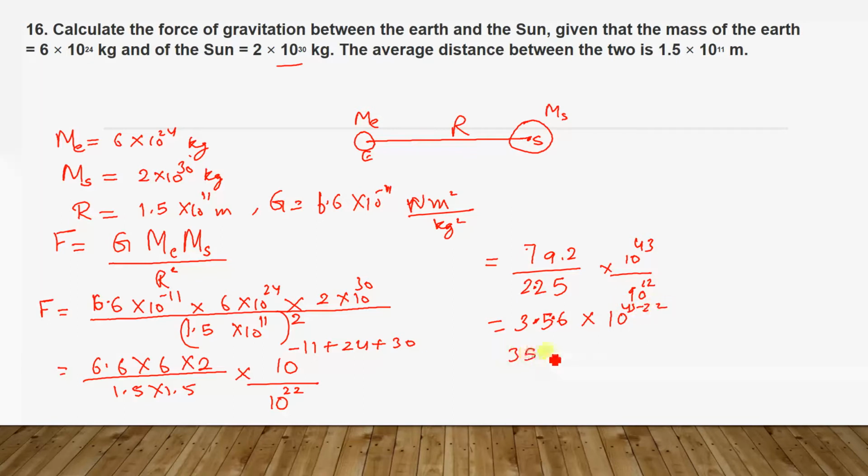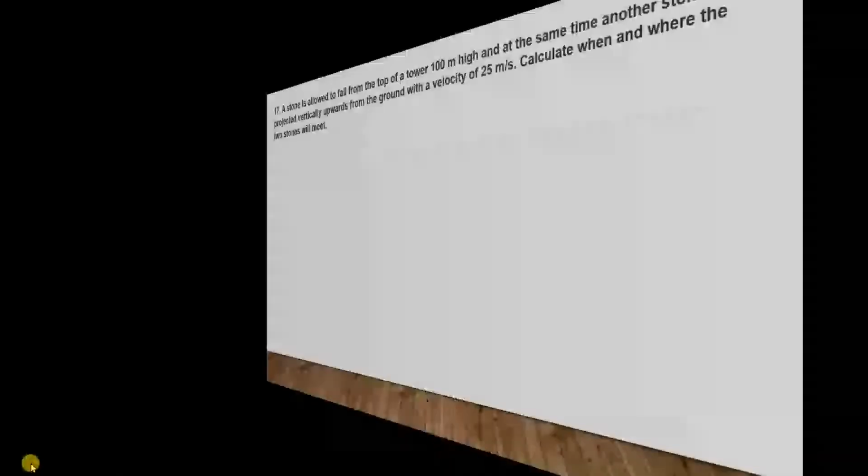So it is 35.6 into 10 raised to power 23. So we will write in the standard form 3.56 into 10 raised to power 22 Newton. So I hope it is clear. You have to solve it, beta. It will take time, but once you do it by yourself, then it will be clear to you. Let's move to the next question.